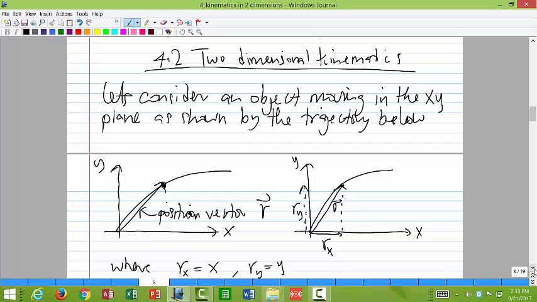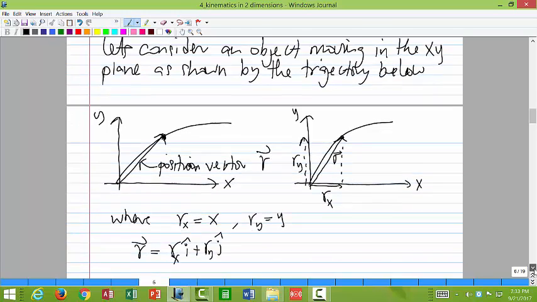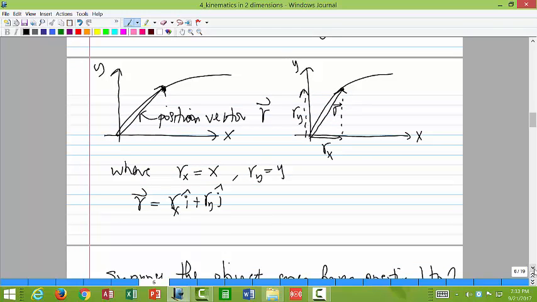And that position vector has the vector notation r, so the components of r are rx and ry, shown on the trajectory on the right. rx just represents the x component of the vector r, and ry is the y component. So the vector r can be written in unit vector notation as rx i hat plus ry j hat.